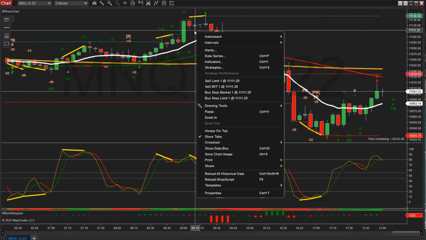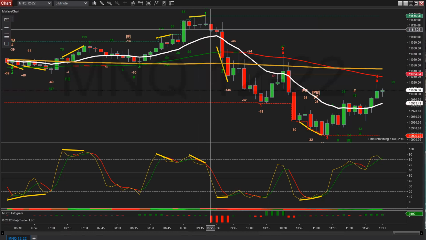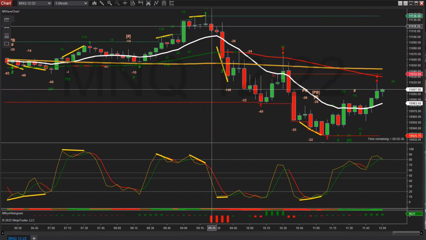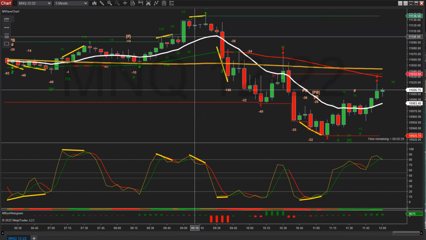You would set a pending sell stop order and then let the market come get you into the order. So you wouldn't be in the trade until over here, where the market came back down and went below where your pending order would be, and you'd be in the trade right now. But you're going to set it when you see this.